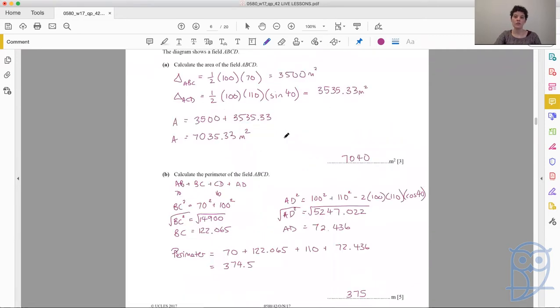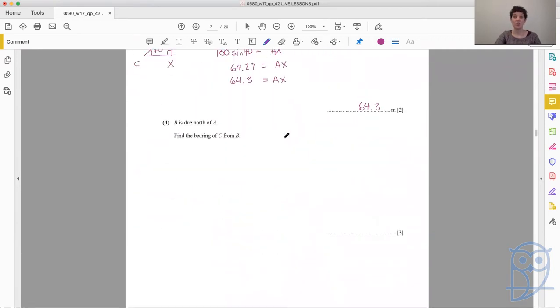So let's now redraw again so we've got everything close to where we're working. And we have this length here is 17.